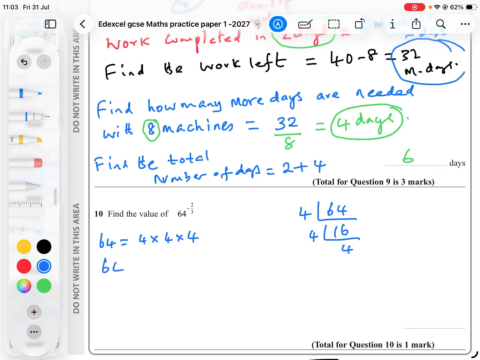Then we can write 64 in index form. So your base is 4. You are repeating 3 times. 1, 2, 3.